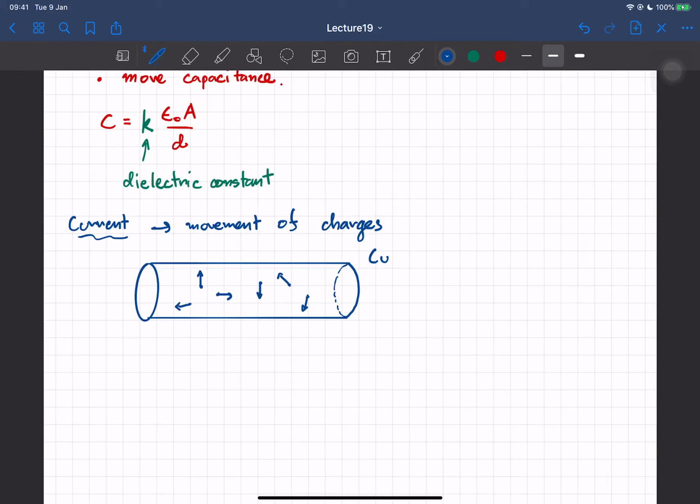But the thing is that they move in totally random directions. So when you average the velocity of all the electrons in this material, you're going to get zero. Okay, average velocity, not speed. We are talking about velocity, so you need to think about the direction also. So the average velocity has to be zero because it's just random.